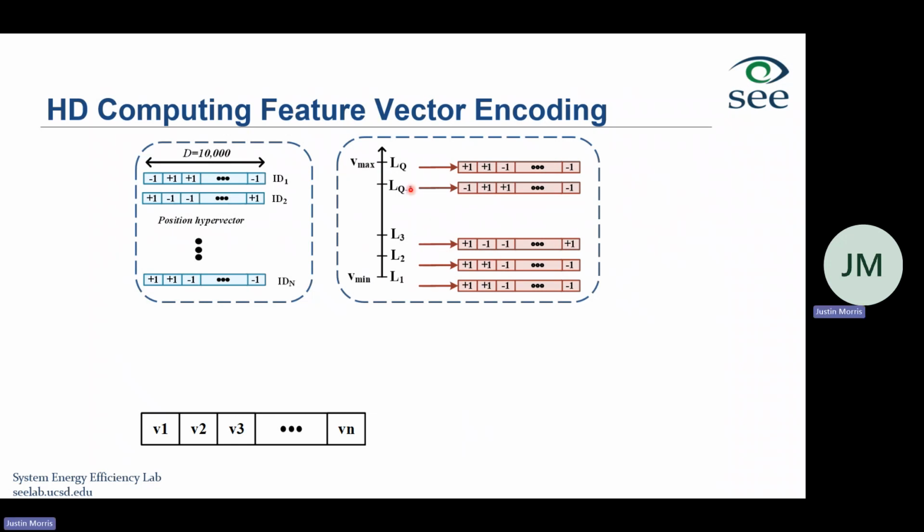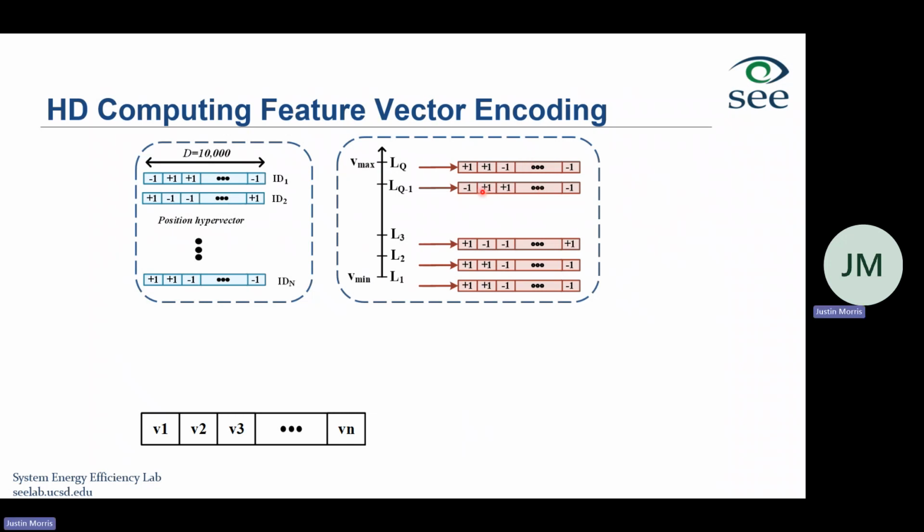And these level hypervectors are not all randomly generated. The first one is randomly generated, but the second one is a mutated version of the first one. And that's because they're encoding value information. So we want the level hypervector representing 0 to be very similar to the level hypervector representing 1.